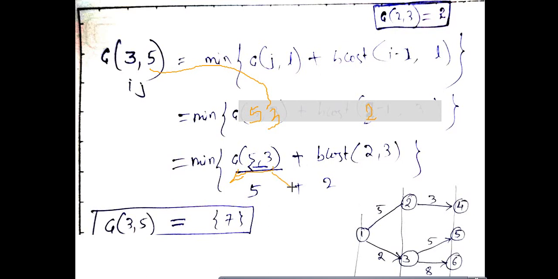See in the graph. 3 to 5, what is the value? 5. So you have to write 5. Then B cost 2 comma 3. In the previous slide we have calculated, the answer is 2. So you have to write 2. 5 plus 2 how much? 7. So 7 is the answer.